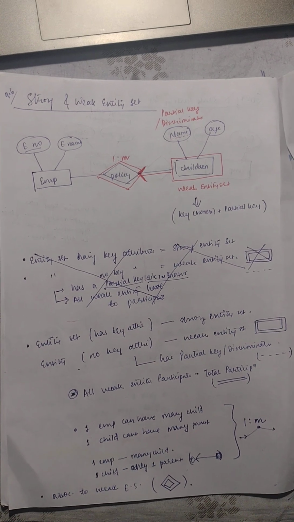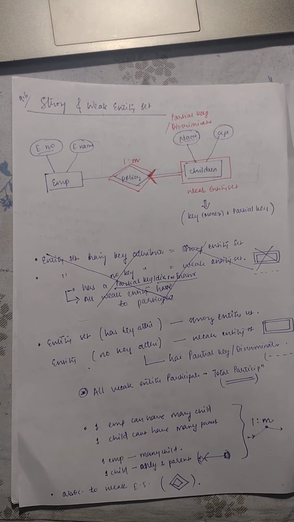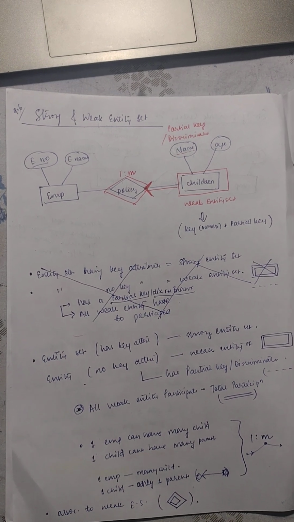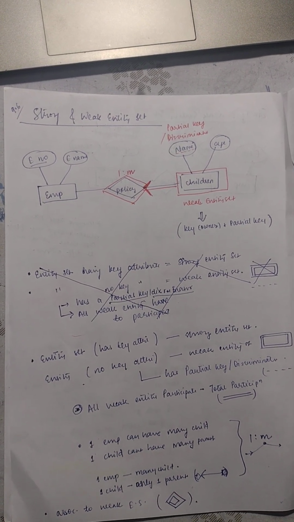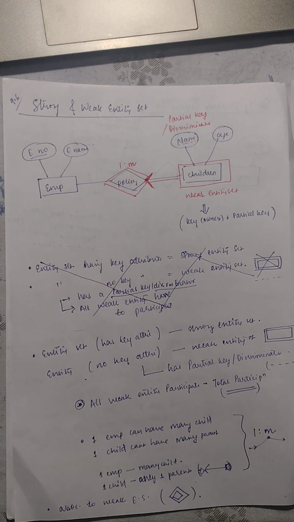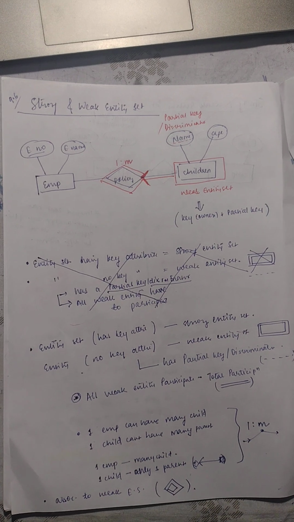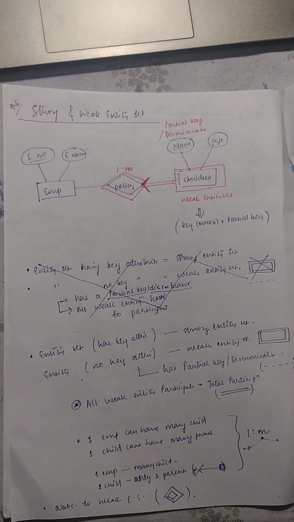So here, as we can see in this example, we need to understand that an employee has to make some policy for his kids. An employee can have 0 to multiple kids, but a kid cannot have multiple employees as his parent.